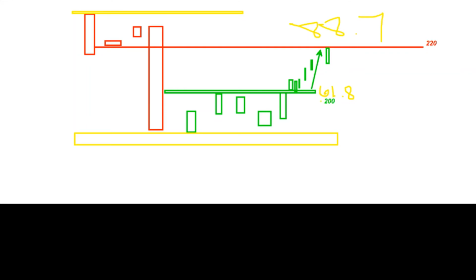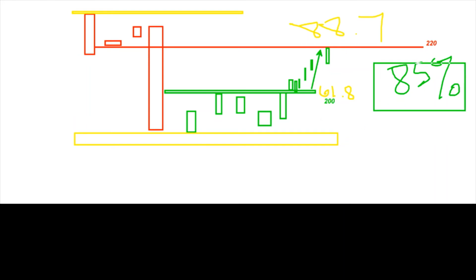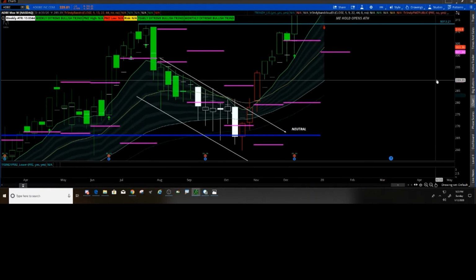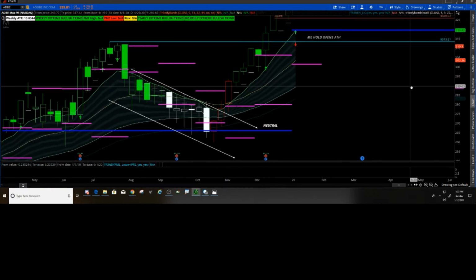And probabilities suggest with a hold over this and a high, the probabilities are 85% that we will hit the 88.7. We don't talk about that a lot, but I used to tell all my members about the 61.8 into the 88.7. This is a real deal percentage here, and you can go back and check that. Very nicely done.